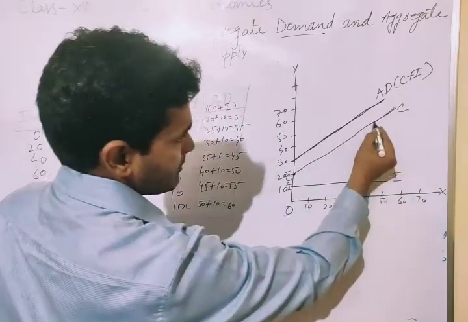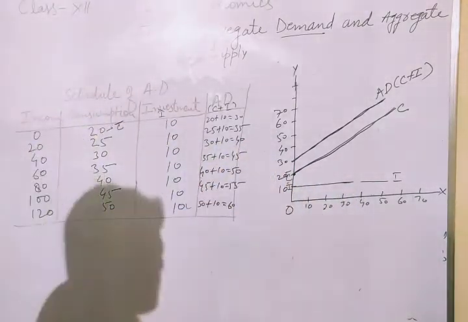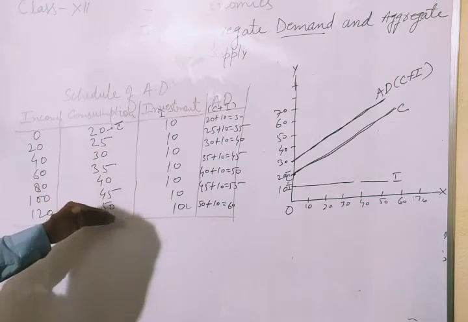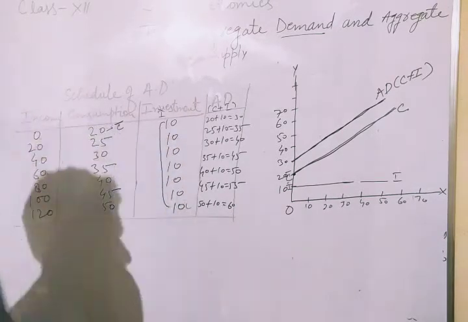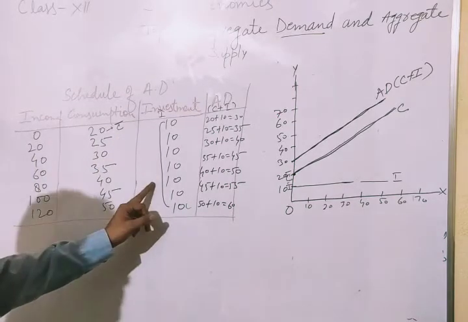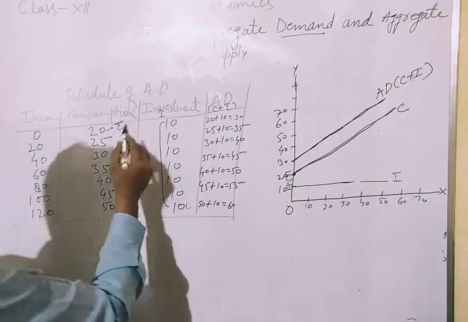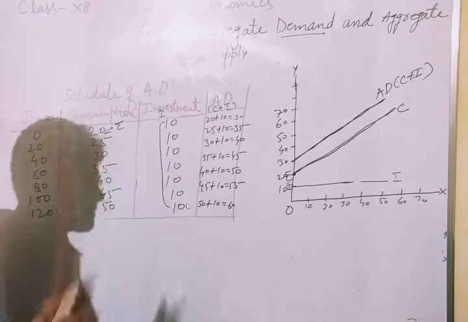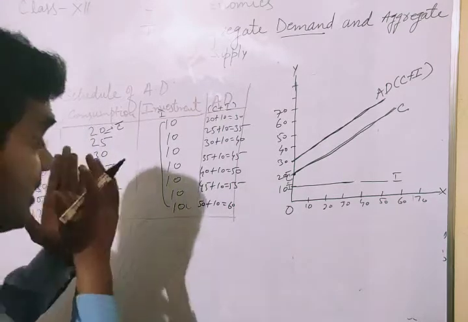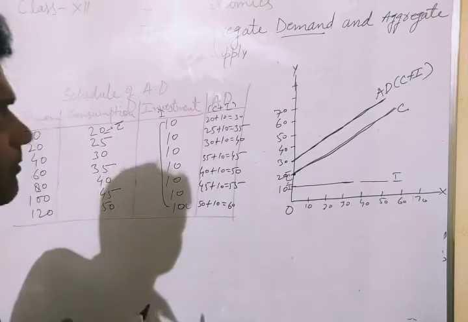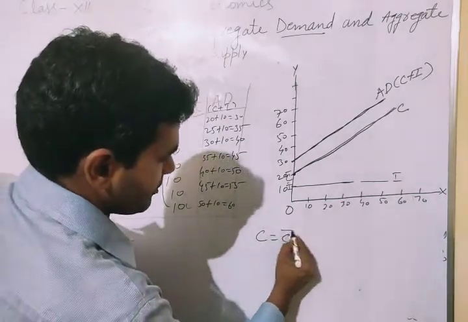Because the aggregate demand is changing with the changing level of consumption only, as the investment remains constant. Investment is constant or stable over a period, and this autonomous consumption also remains constant. So this induced consumption, which is known as bY.